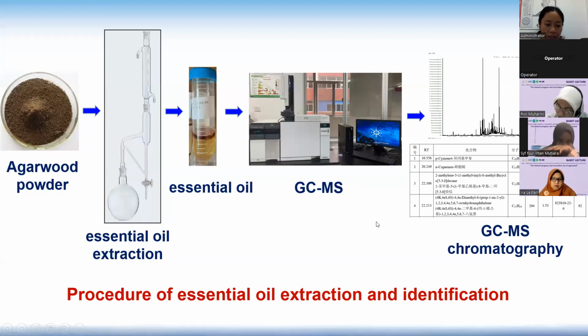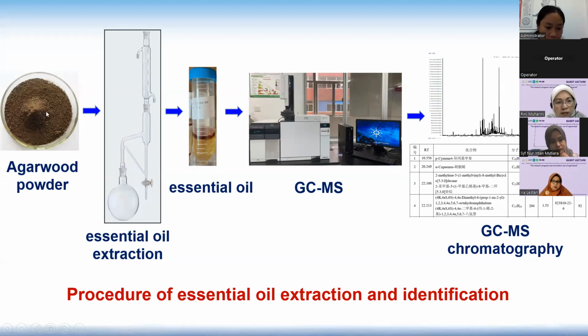Because Agarwood has a very strong smell, we usually extract the essential oil first, and then isolate compounds from ethanol extraction. This is the procedure of essential oil extraction and identification. Firstly, make the Agarwood into powder.